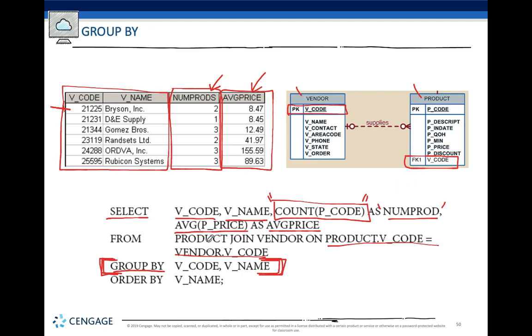So we are joining the product table and the vendor table. Lastly, we are ordering by vname, so we're sorting the results in ascending order by the vendor name. Okay, so that's the syntax, and these are the results of this query.